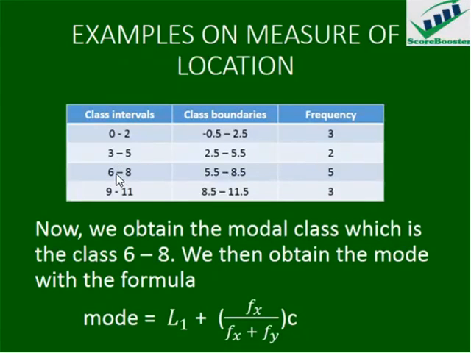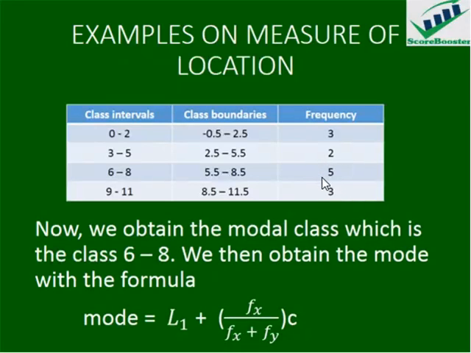We do the same thing for all other class intervals to get their lower and upper class boundaries. After we've constructed a frequency table consisting of the class interval, class boundary and frequency, the next thing to do is to identify the modal class. For you to identify the modal class, you look for the class that has the highest frequency.